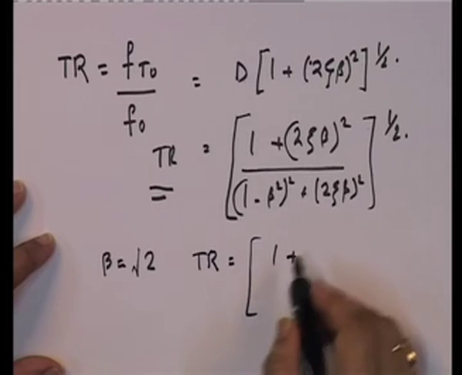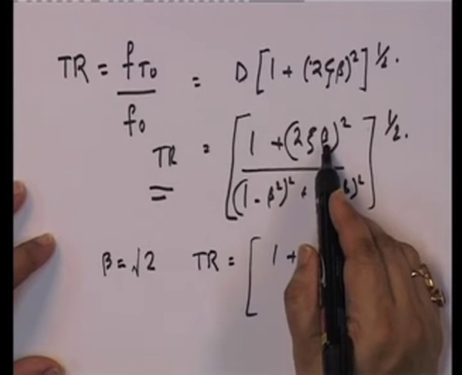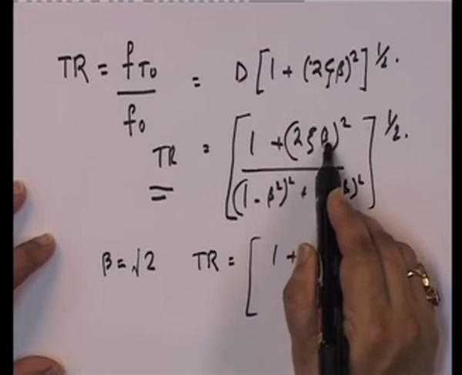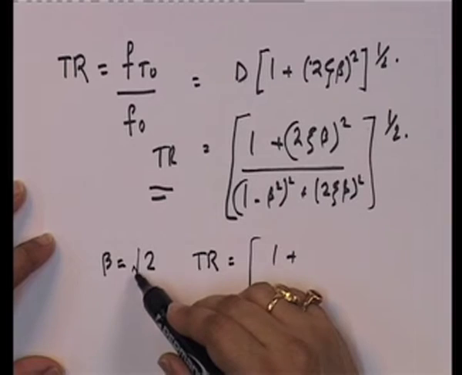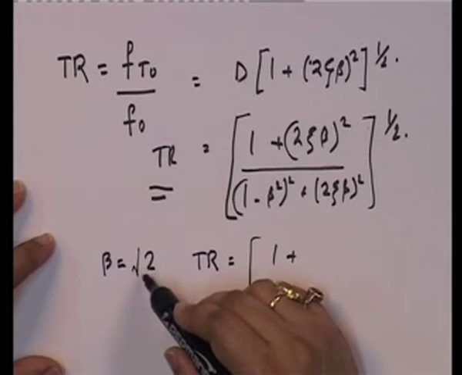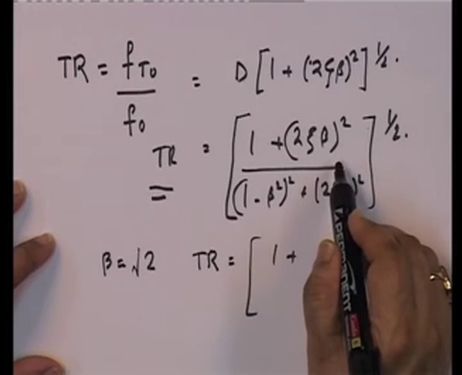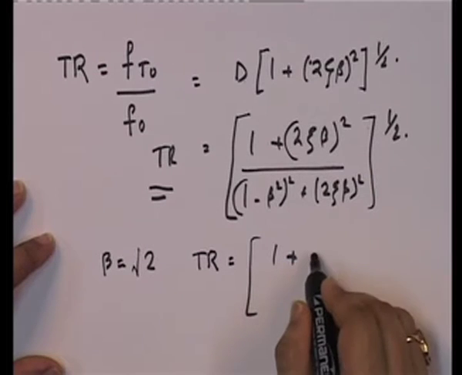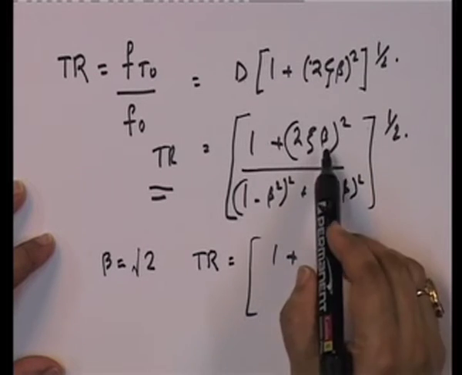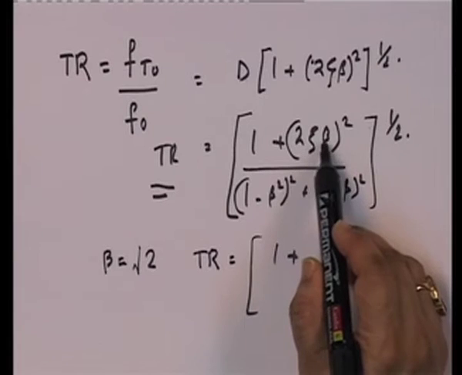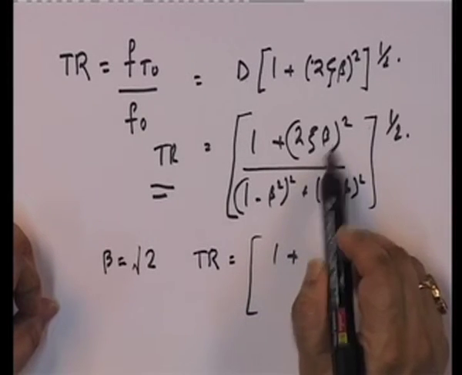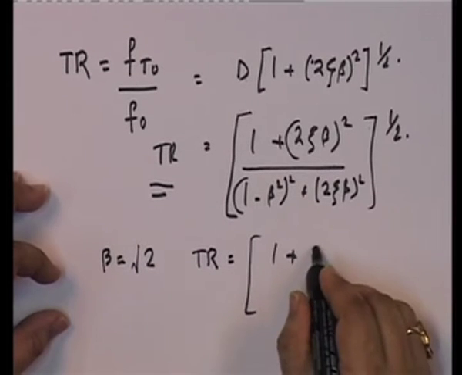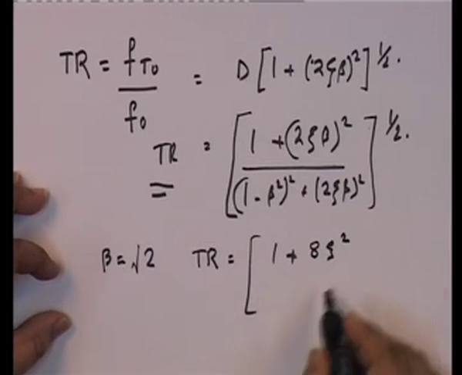Well, 1 plus 2 xi beta the whole squared. So beta squared becomes root 2 into 2, so this is 2 xi root 2 squared, which is 8 xi squared.